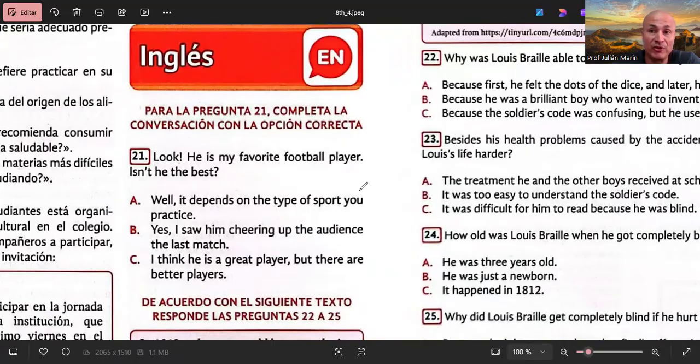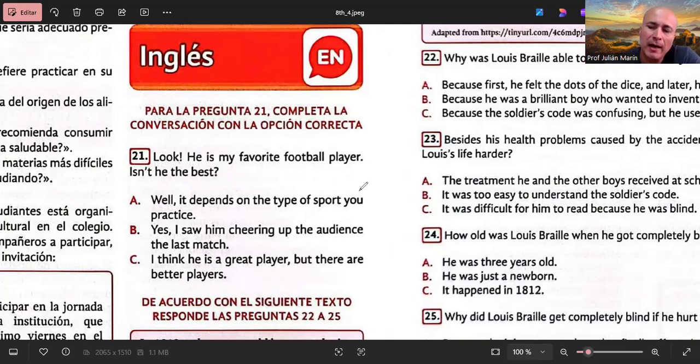Completing the conversation, the sentence over here, what you need to put into practice is not only your comprehension of the situation, but also they're testing your knowledge of vocabulary. So you better pay attention to all these elements: vocabulary, the context, what is happening in the conversation, and also trying to cancel the possible answers that are essentially put there to confuse you.